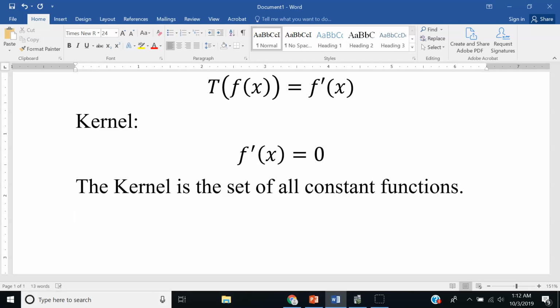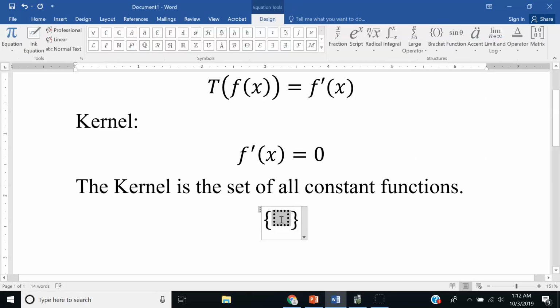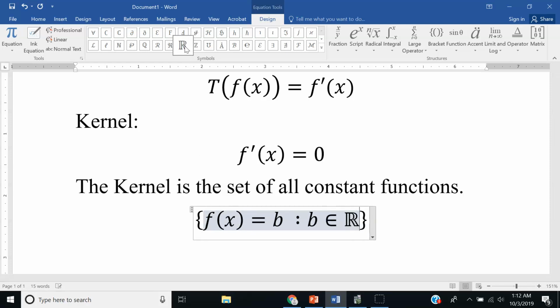All right, specifically, if we were going to write this out, it's the set of all functions which look like f of x equals, let's say, b, such that b is a real number.